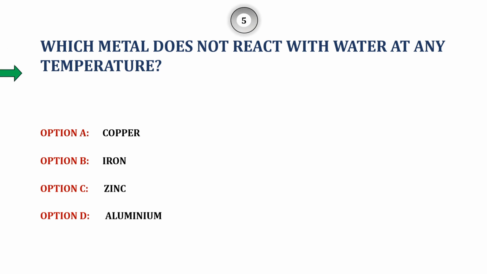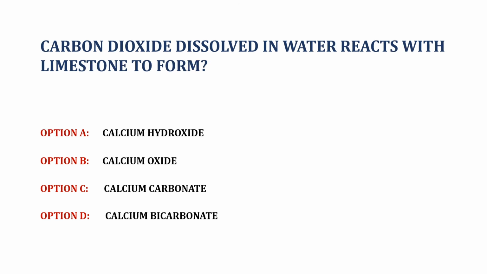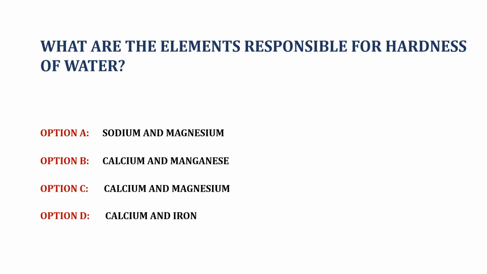Option A, copper. Carbon dioxide dissolved in water reacts with limestone to form... Option D, calcium bicarbonate. What are the elements responsible for hardness of water? Option C, calcium and magnesium.